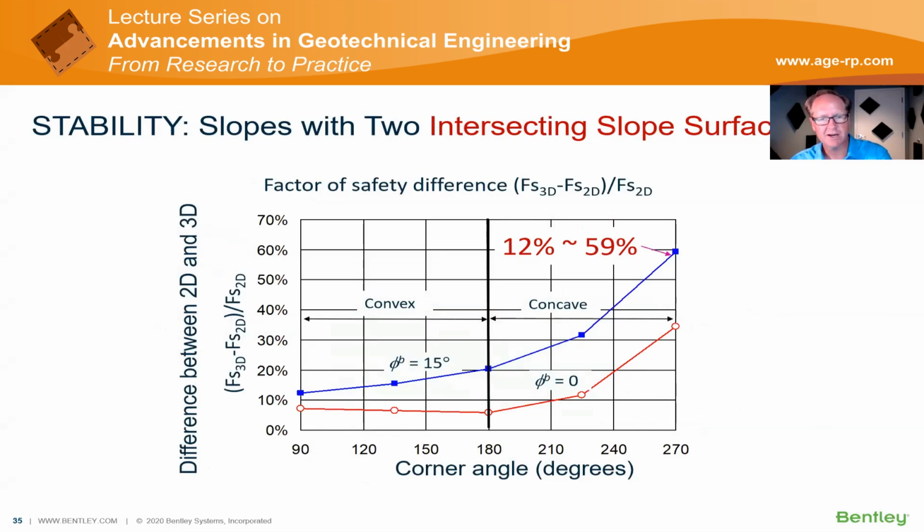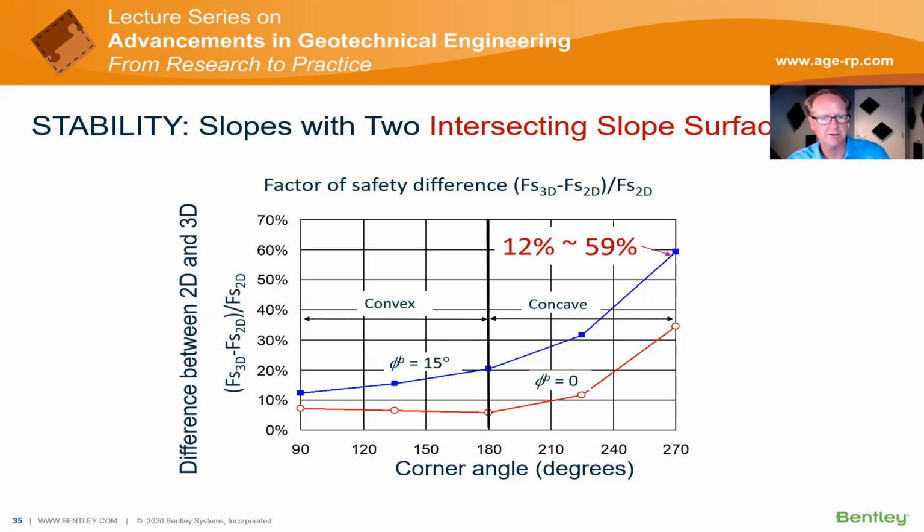This graph summarizes some of the differences between concave and convex analysis conditions. Here is the corner angle at the bottom. On the vertical axis is the difference between 2D and 3D. In the red line, we're considering phi b equals 0. In other words, we're considering that there is no influence of unsaturated soil conditions at all, and what we're looking at is the difference between 2D and 3D purely from geometry, considering saturated conditions only.